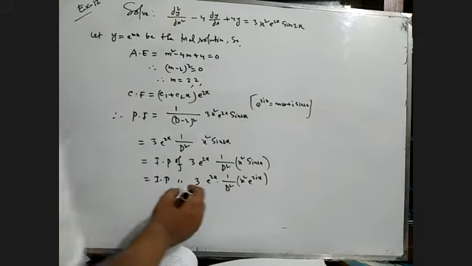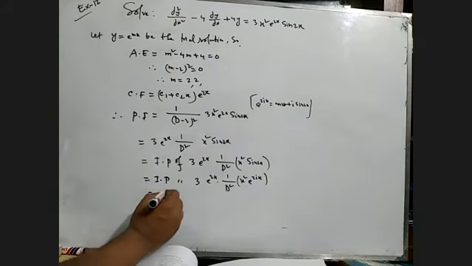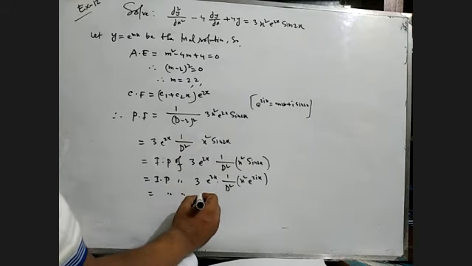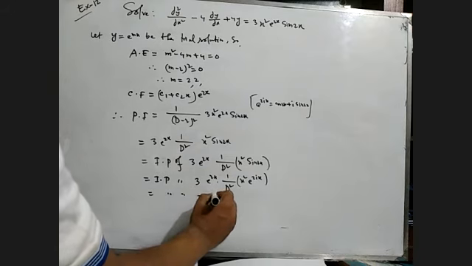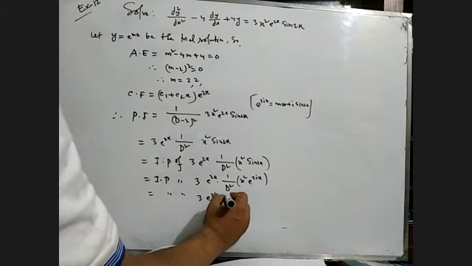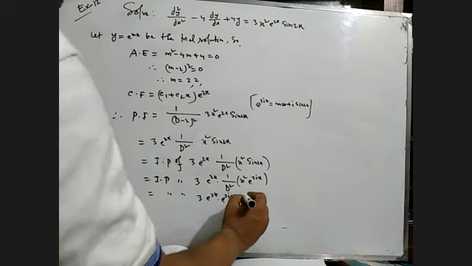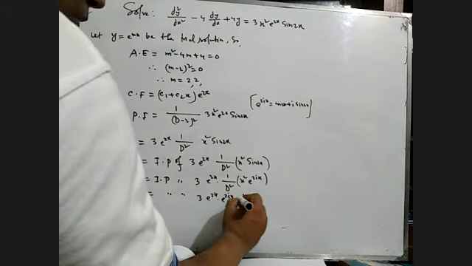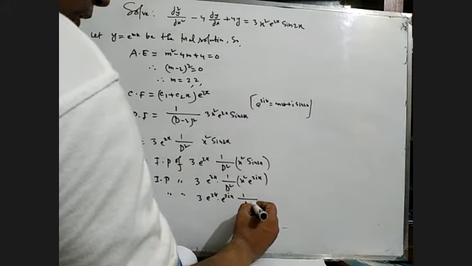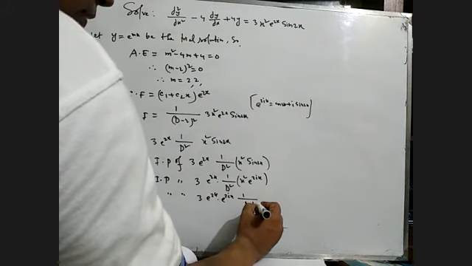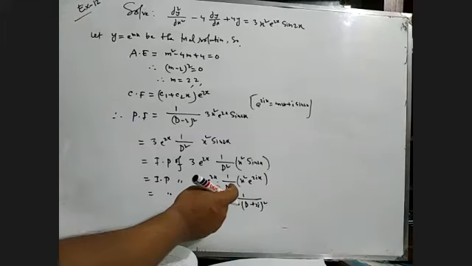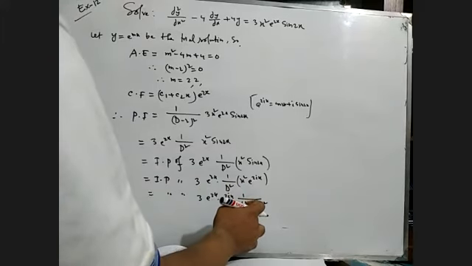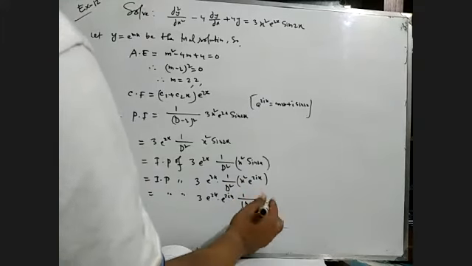So this is 3 into e to the power twice x into e to the power twice ix, 1 by (D plus twice i) whole square. D will become D plus the coefficient of x from the exponential form.